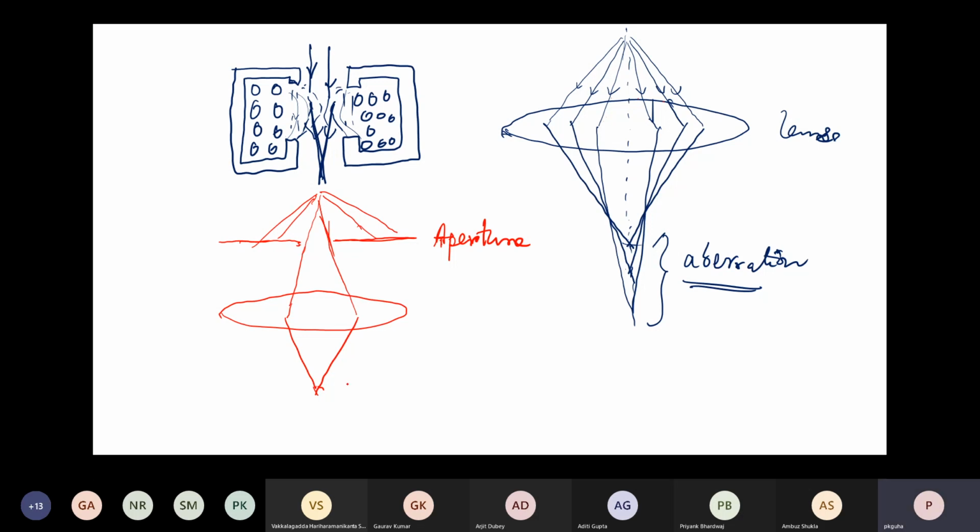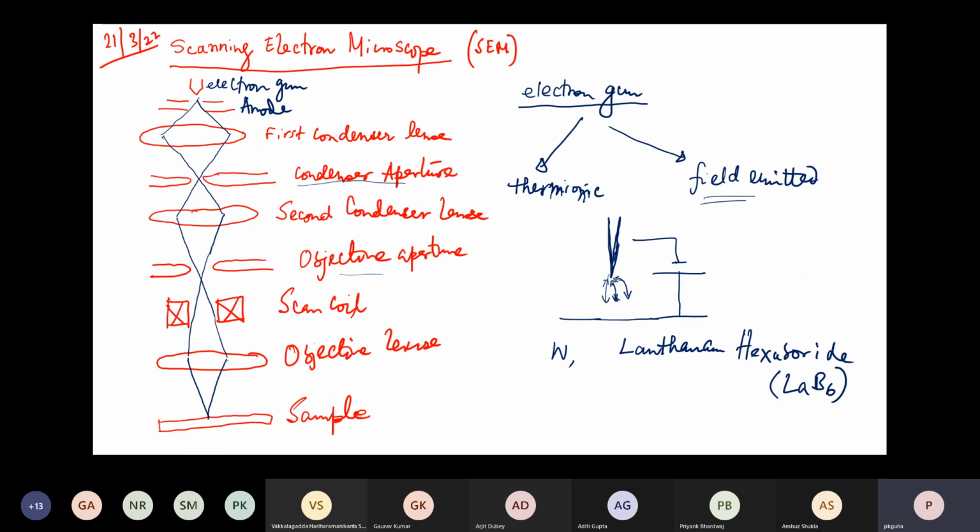If you do that, you will be able to reduce the aberration, right? So this aperture is very important. You see there will be a combination of lenses and apertures. So condenser lens, then aperture, then another lens, then another aperture, and so on. So there is a series of lenses and a series of apertures.